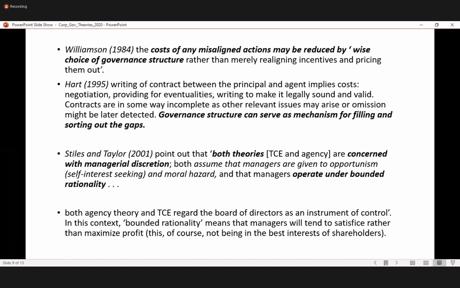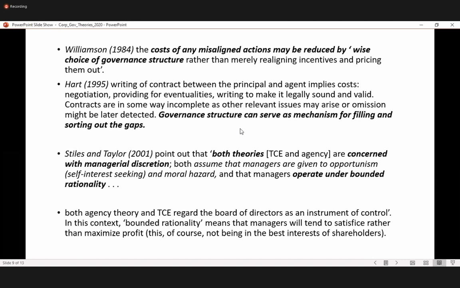But then the contract needs to be developed every time because there are relevant issues that may have been forgotten, that may arise in the course of the period of the contract. There may have been omissions that are detected later. So he says that the governance structure can serve as a mechanism for filling and sorting out the gaps.